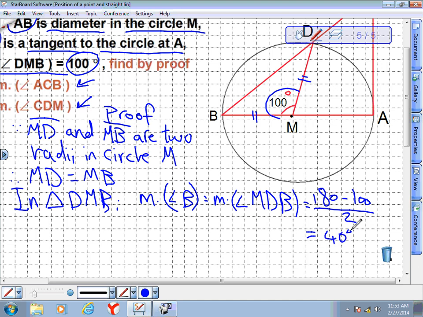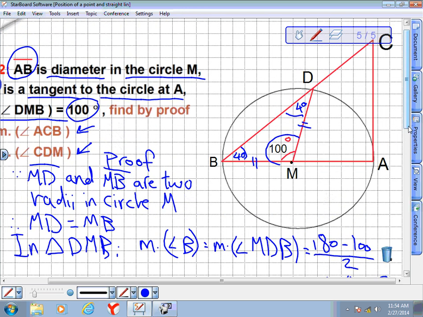So now we know that the measure here equals 40 and the measure here equals 40 degrees. And this will be number 1.